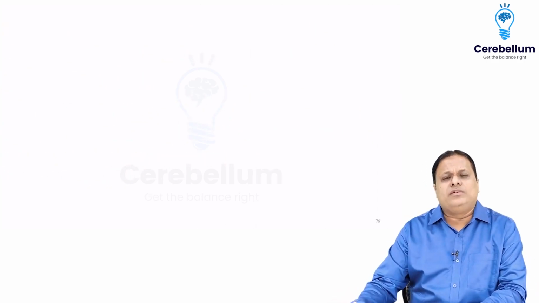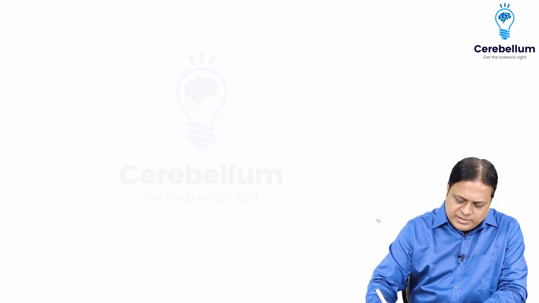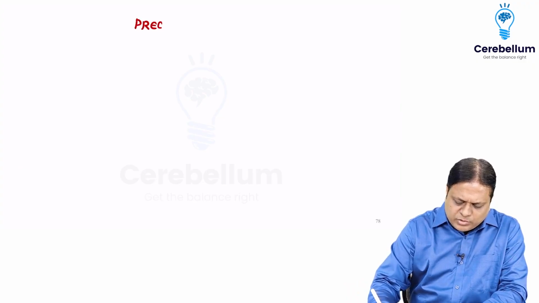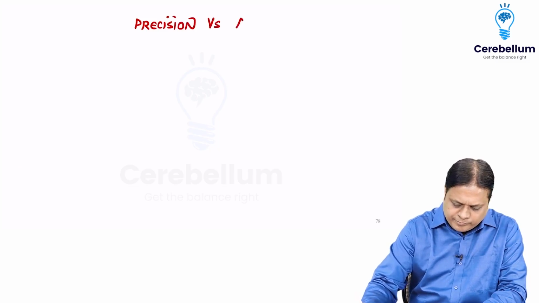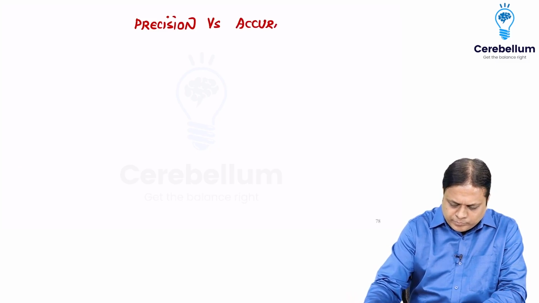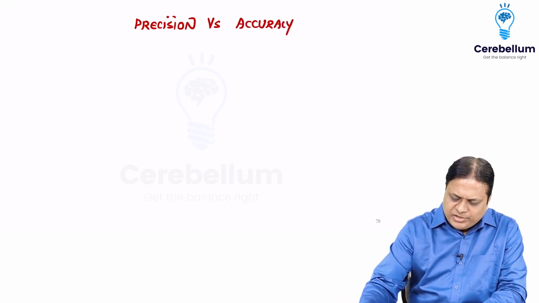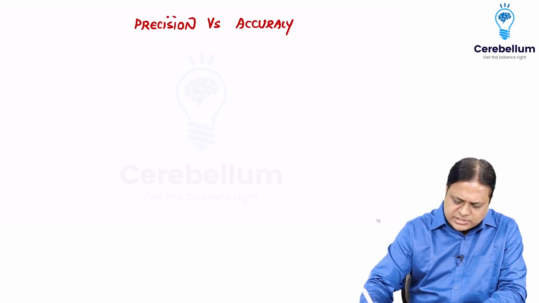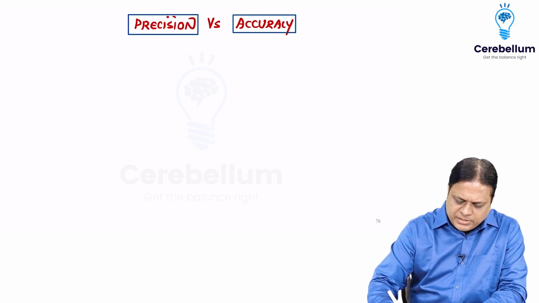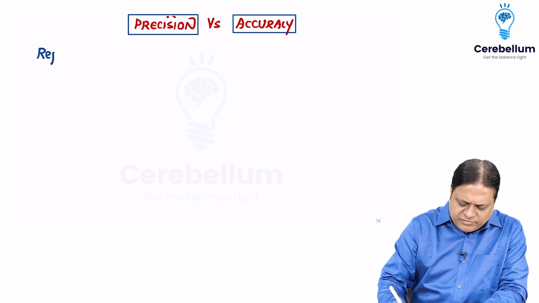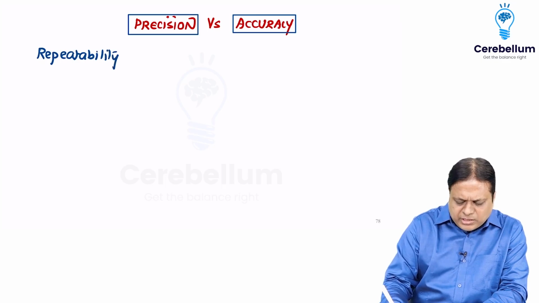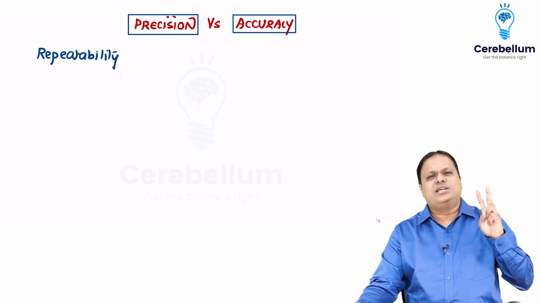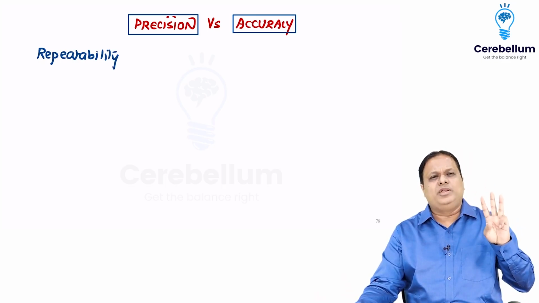Now let us look at what is the difference between precision and accuracy. Now definition wise, precision is repeatability. So when a test is giving same value again and again, also known as consistency of test, reproducibility of test.